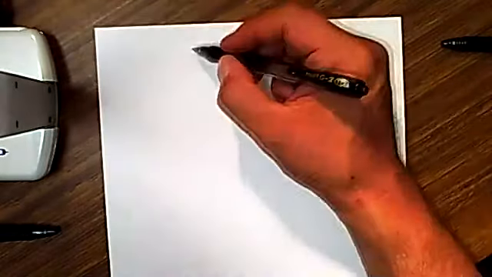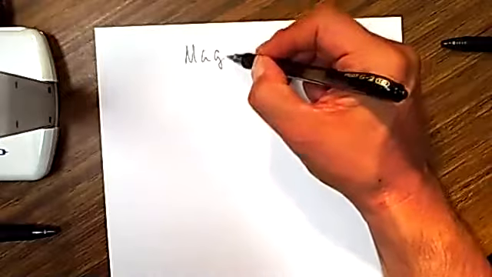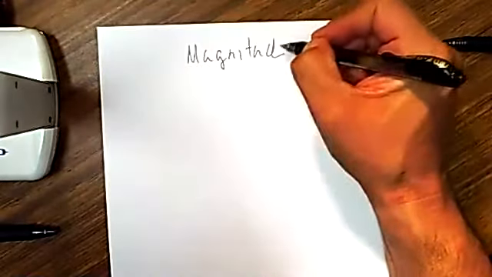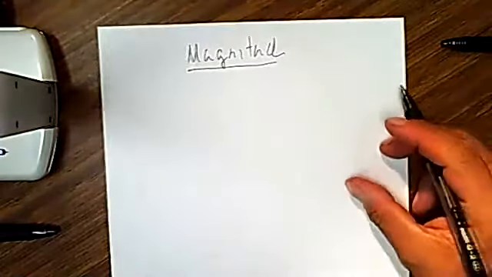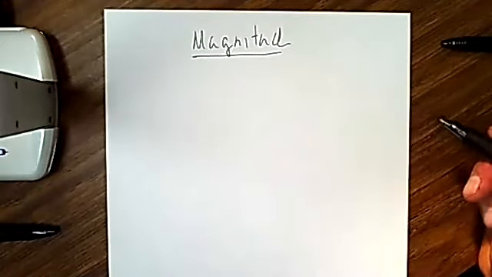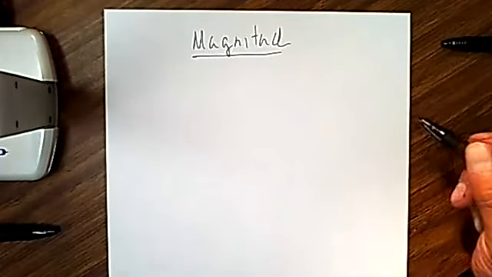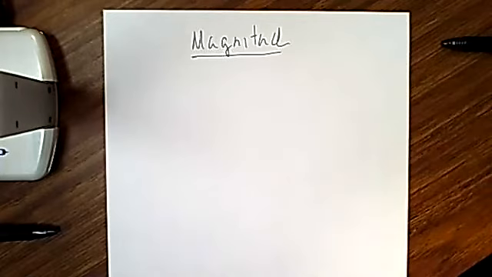Magnitude. Magnitude is the same thing as distance to 0. And we covered this in the previous video, but let's go over this again.